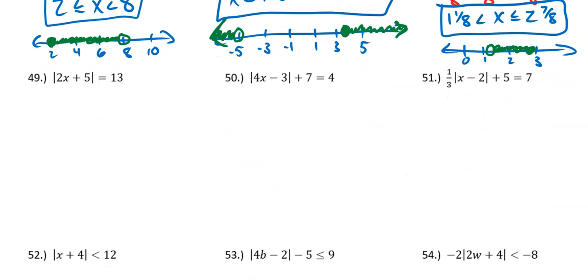For this guy, remember absolute value, we always have to split up. So an absolute value equation, we split into two equations because the absolute value is the distance from 0. And so if the distance is 13, there are two numbers that are 13 values away from 0. So the 2x plus 5 could equal a 13 because that's 13 units away. But the 2x plus 5 could also equal a negative 13. Okay? Remember, negative 13 is also 13 units away on the number line.